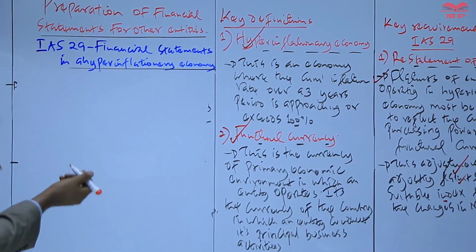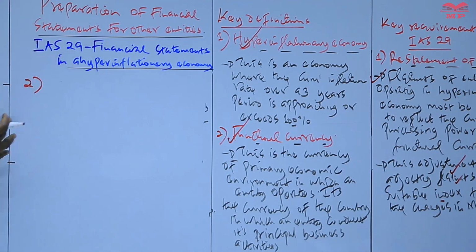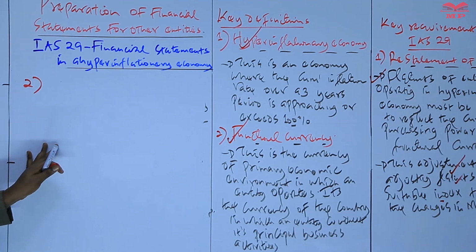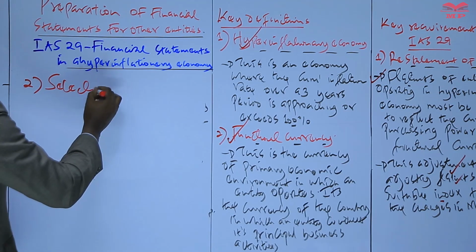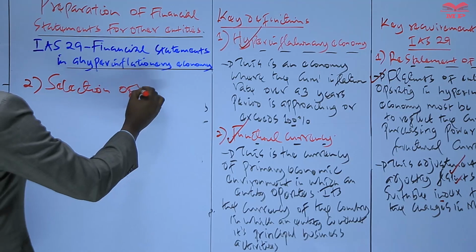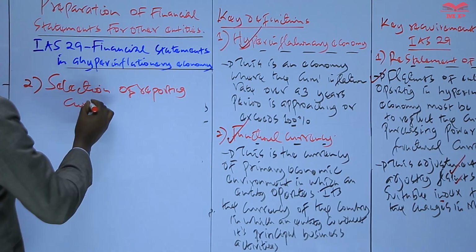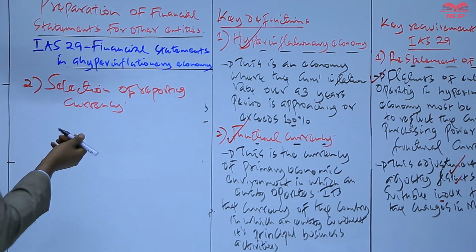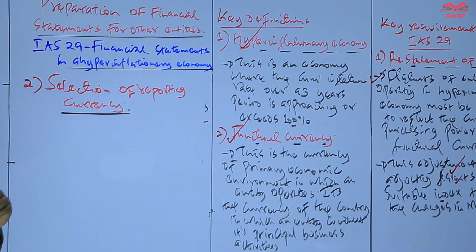Number two, this standard talks of what we refer to as the selection of the reporting currency. When we talk about the reporting currency, in other terms, we refer to this as a presentation currency.